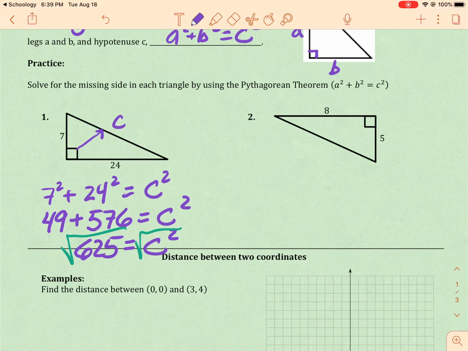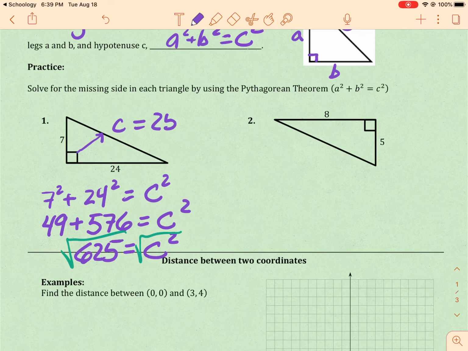The square root of 625 is 25, so this side is 25. We lucked out, we got a whole number there. We will get some decimal answers. At some point, we will have to put it in simplest radical form, but right now we can go with decimals. Go ahead and try solving number 2.